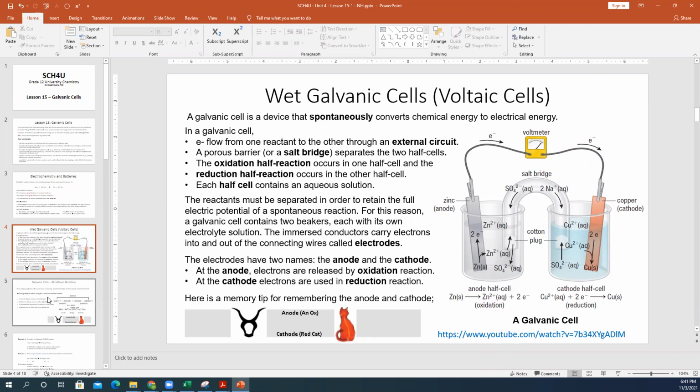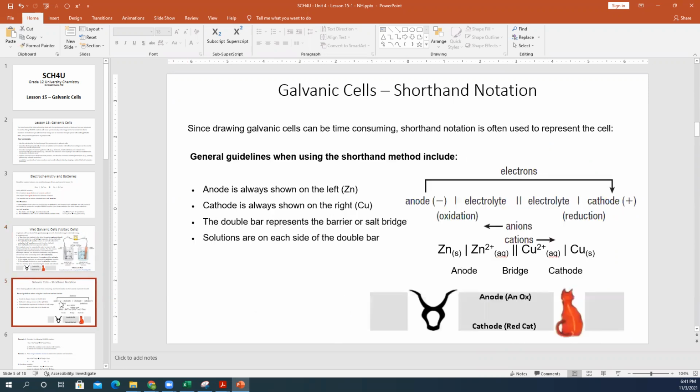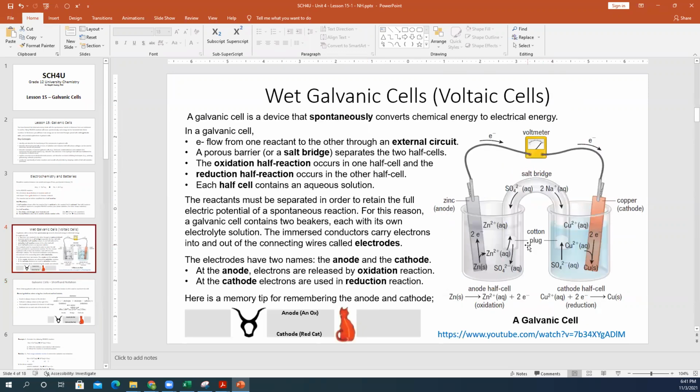So yeah, we talked about this galvanic cell. The other name for it is the voltaic cell. And in the video, actually, he covered this shorthand notation, because you don't want to, every time that you're talking about a voltaic cell or a galvanic cell, have to draw this detailed picture with beakers and electrodes and wires and all of that.